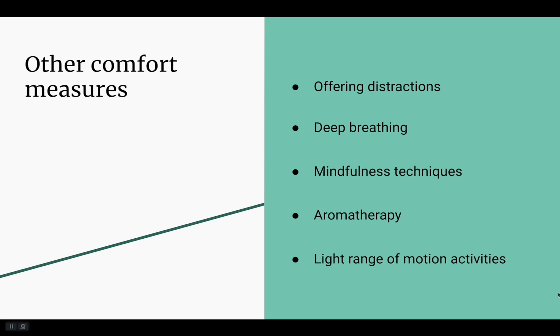Deep breathing, mindfulness techniques, aromatherapy, and light range of motion, ROM, activities can also help calm the resident and ease their pain. You'll learn more about providing ROM activities later in the course. See the image on the next slide for images of non-pharmacological treatments for pain. Then check out the website from the University of Iowa regarding pain management for older adults.